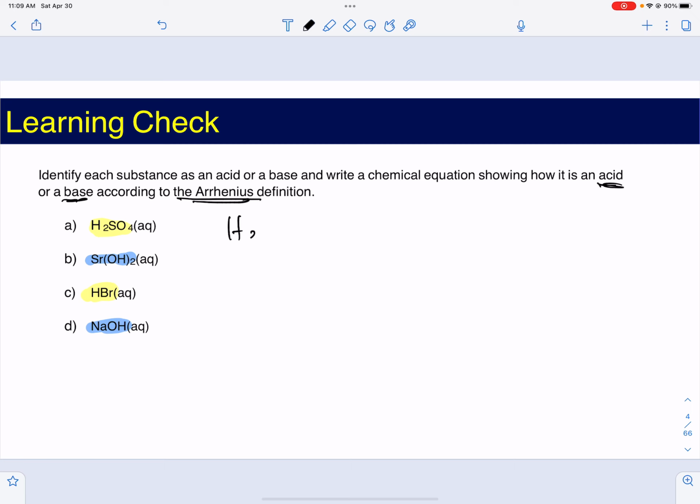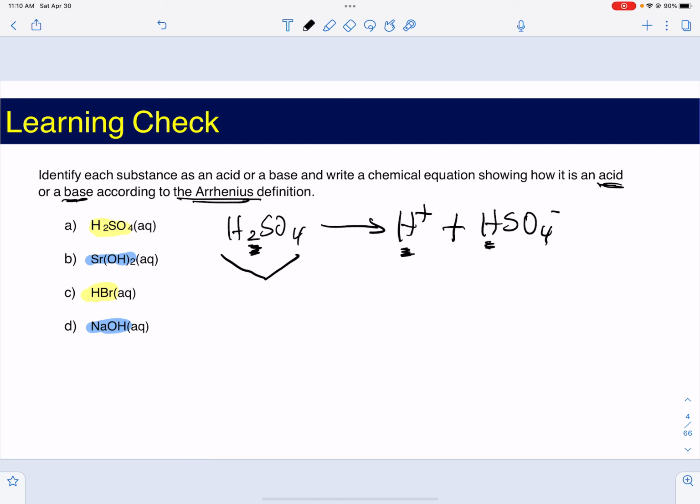So H2SO4 will produce H+ plus HSO4 negative. Notice that I begin with 2 hydrogens. So if I lose 1, I can only have 1 left.